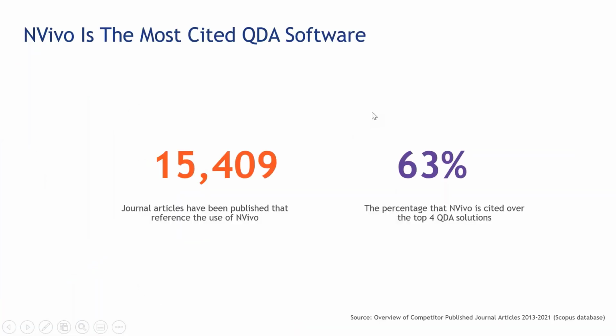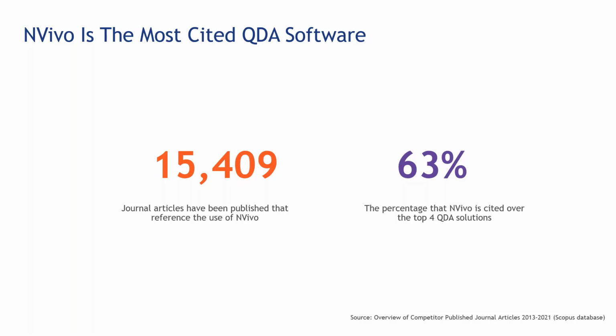This is interesting data that our QSR research director, Silvana Di Gregorio, found in Scopus. When we searched for articles that cite Nvivo, there were over 15,000. The reason I bring this up is if you're doing any type of qualitative or mixed methods research, you can probably find an example somewhere where people used Nvivo, because people are always asking us, how do I use Nvivo for grounded theory or for mixed methods?